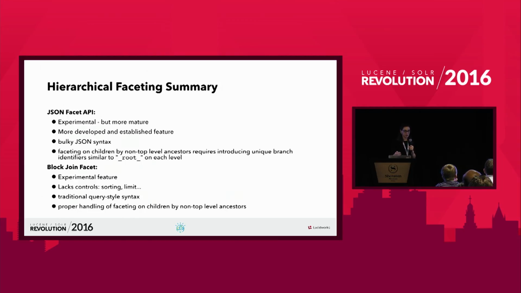If you use it as is, then you will be able to facet only by the root, the top level, bottom-up. Block join facet gives more capabilities out of the box, but it needs to be turned on in the Solr config, and it still lacks a lot of parameters for control, like limit.